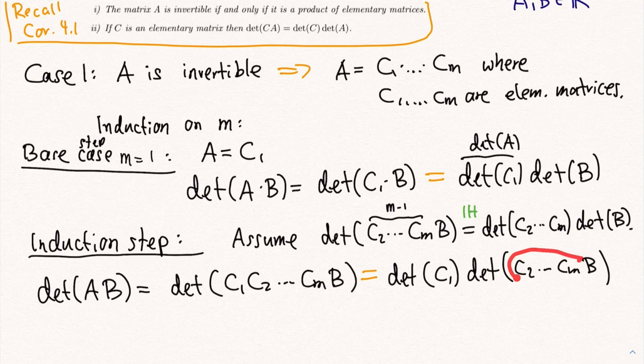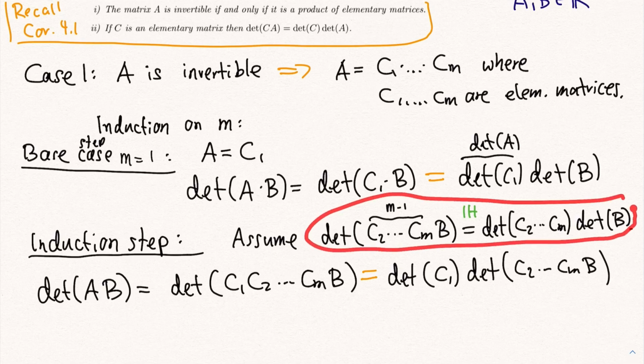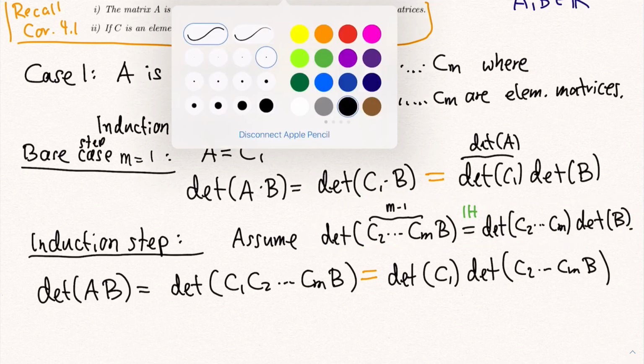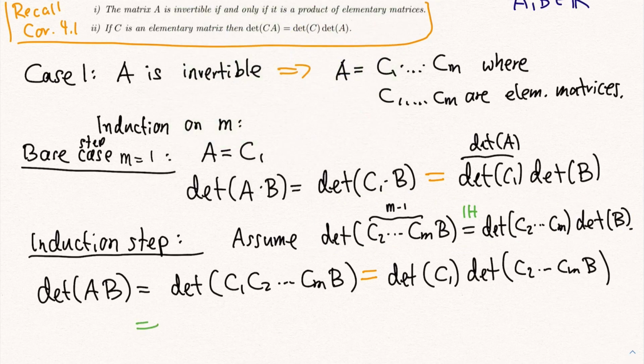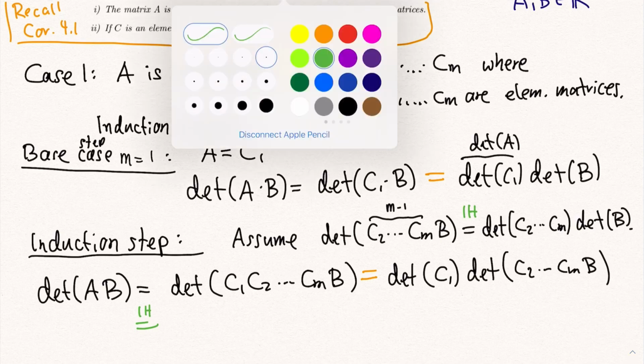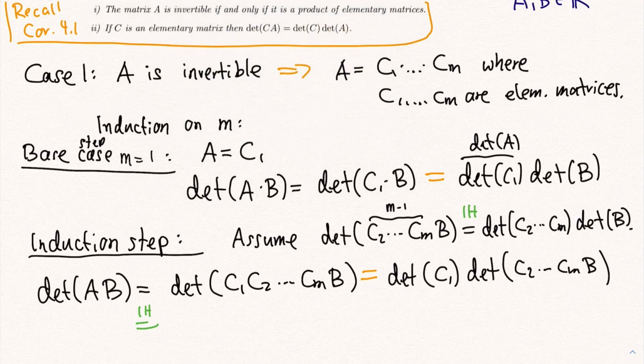But now we have the product of B with a product of m minus 1 elementary matrices, and for this we assume that our statement already holds, so this is the induction hypothesis. By using this, we can rewrite this determinant.